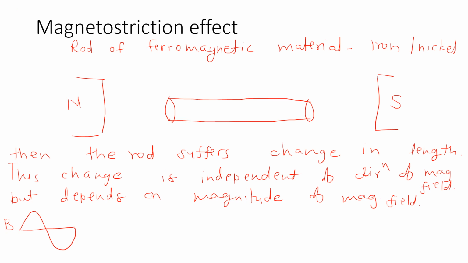If the frequency of the alternating magnetic field is in the ultrasonic range, that is greater than 20 kilohertz, then the rod will vibrate with twice the frequency of the applied magnetic field, and as a result, the air at the ends of the rod will vibrate with the same frequency, which is in the ultrasonic range.